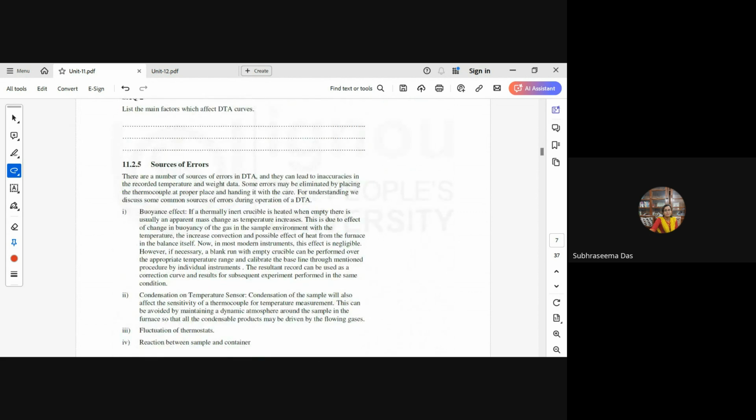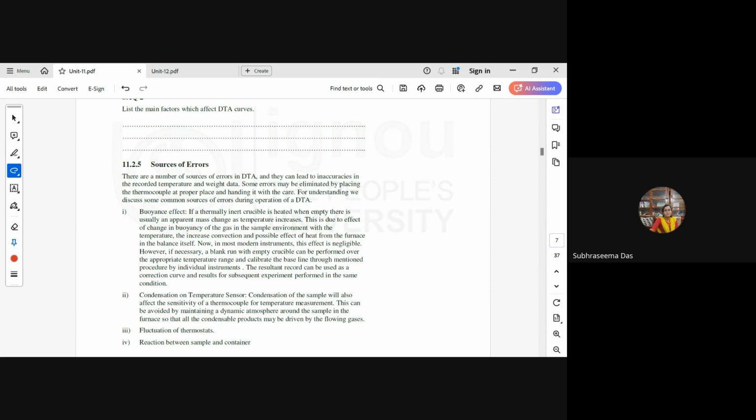Although DTA is quite efficient and measures accurately, certain errors arise in the measurement. One of them is called the buoyancy effect. This arises when a thermally inert crucible is heated while empty, but there is still some mass change as the temperature is increased.